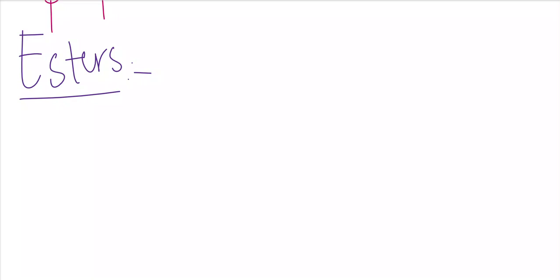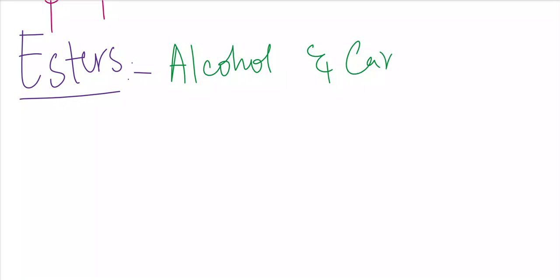So this is a homologous series of the organic compounds. So this series of molecules are the esters that are formed when there is a reaction between the alcohol and carboxylic acids. So when alcohol reacts with the carboxylic acid, we have a functional group, that is ester, that is formed.